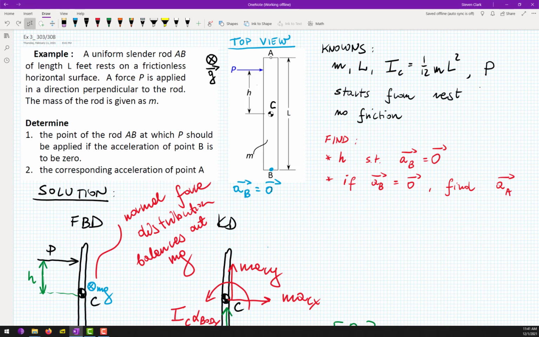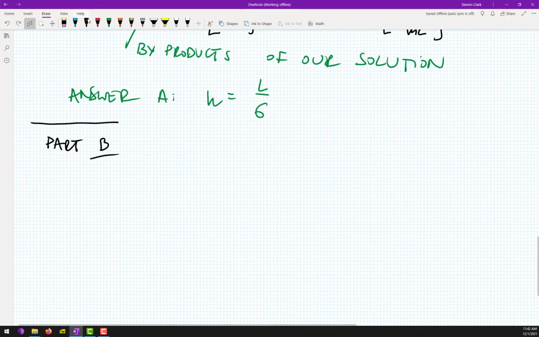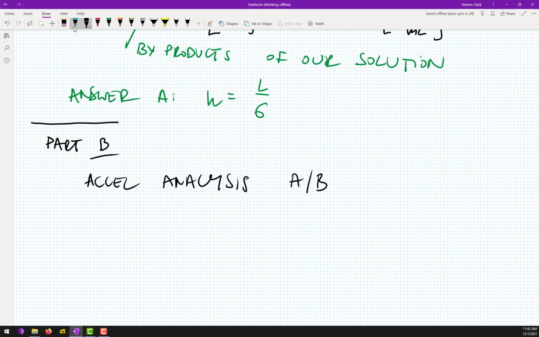Anybody? Acceleration analysis, exactly. Between, I don't know, point A and C, or point A and B, whichever you want. So let's say A and B, it's faster.